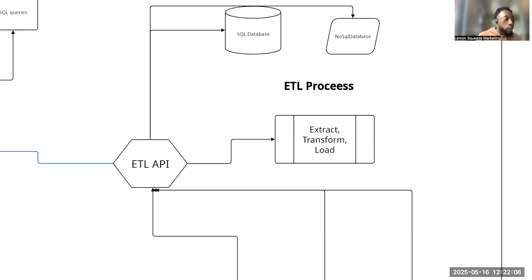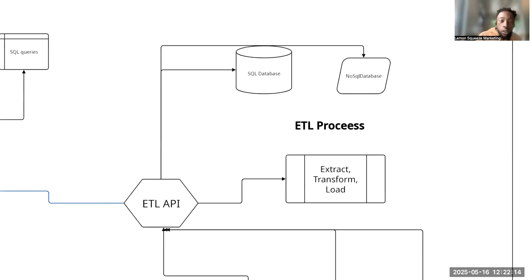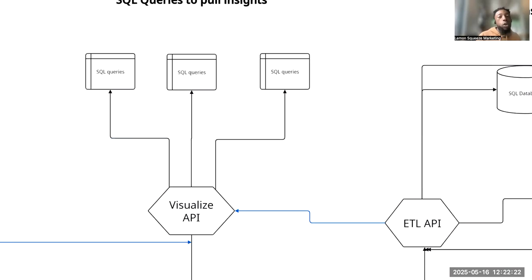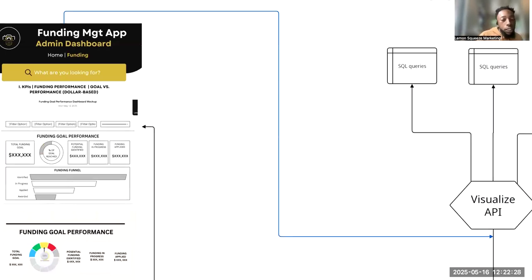Some of it is going to be SQL and some NoSQL, and then you're going to have some queries, and the API is going to feed those results to your presentation layer.